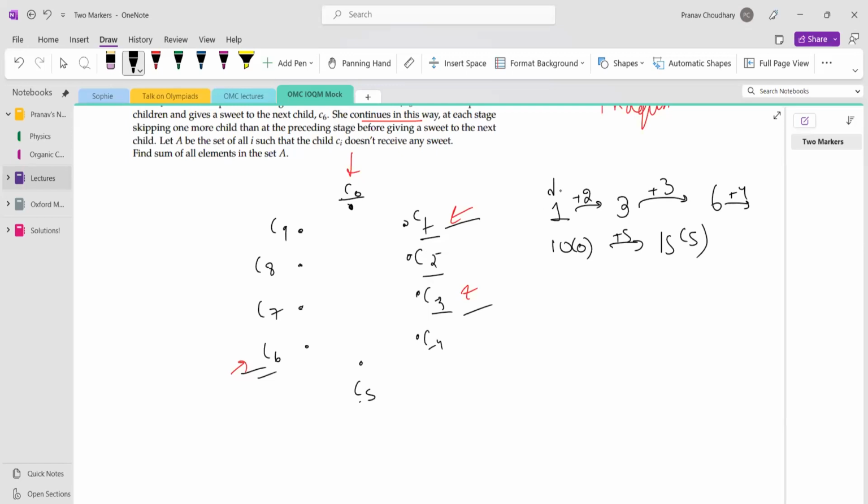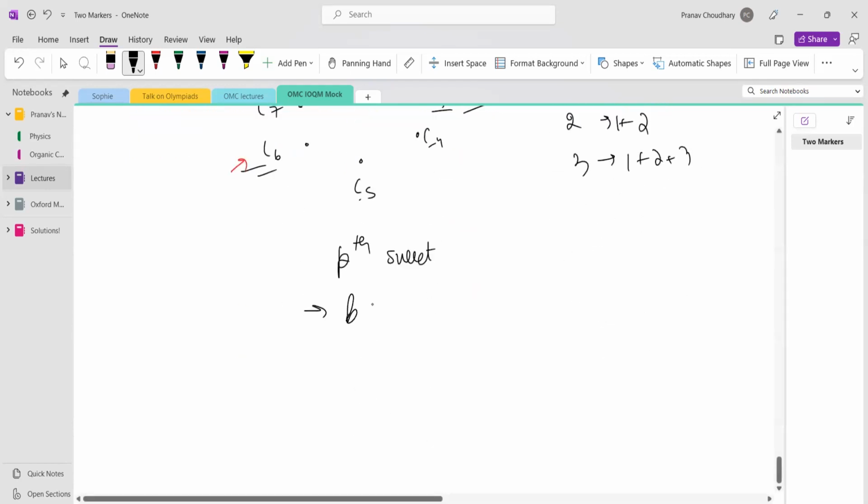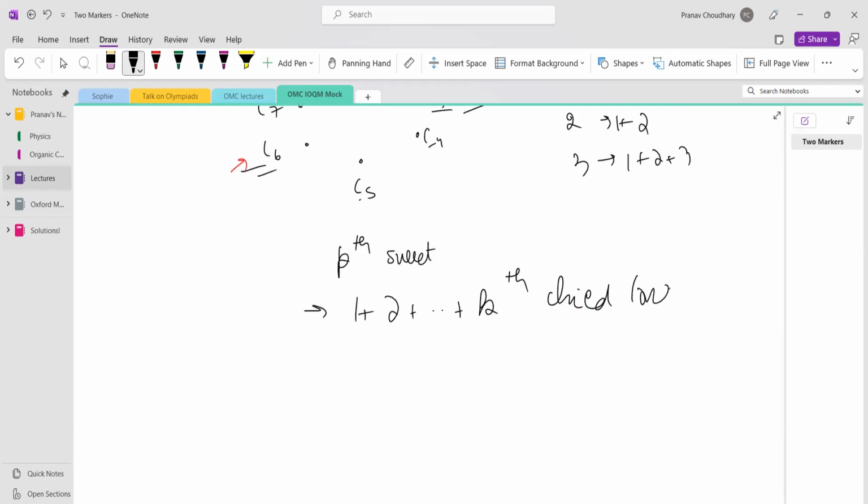So the first sweet is given to the first kid. The second sweet is given to 1 plus 2. The third sweet is given to 1 plus 2 plus 3. So basically, the kth sweet is given to 1 plus 2 plus so on until the kth child, modulo 10.